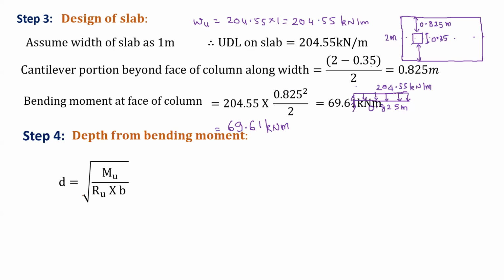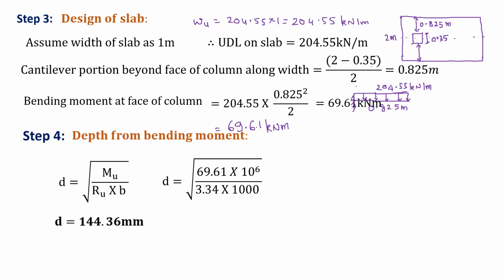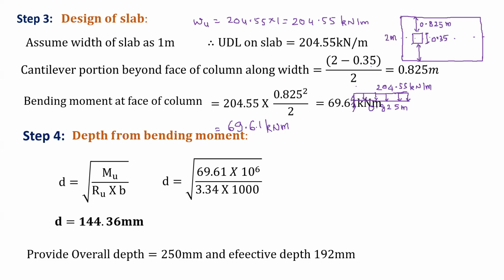Now we can find the depth for this. So simply we have the formula RU into B. So RU we have 3.34, and B we have considered 1000, and we get a depth of 144.36, but we have to increase it. So we have provided the depth of slab, the overall depth, as 250 millimeters. And from this we will get 192 as effective depth.